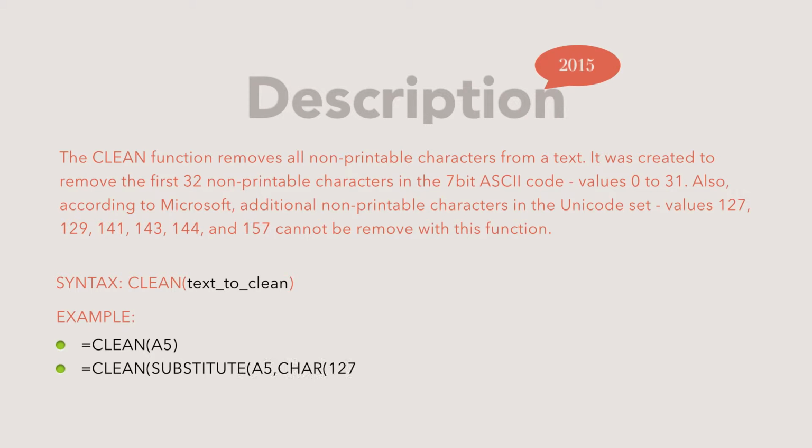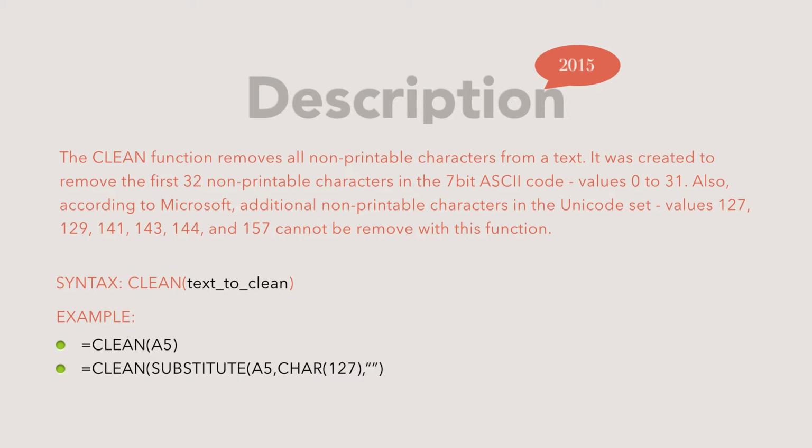You use SUBSTITUTE. You substitute, in the cell that you want, the character by its ASCII code, the number of the character. In this case, I use 127, which is escape or backspace, I don't remember exactly. It will replace it with an empty string, basically quote quote.